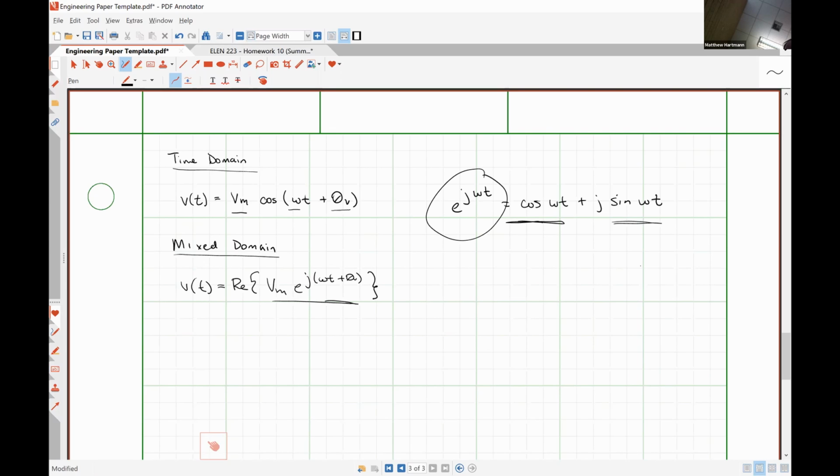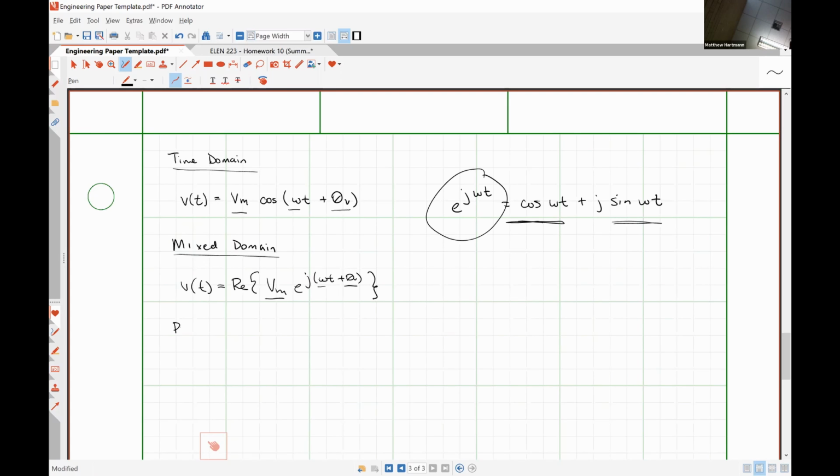So because this complex number is defined by the same magnitude, angle, frequency and phase angle, we can actually flip back and forth between these two forms with an extraordinary amount of ease, and this is the relationship that relates them.